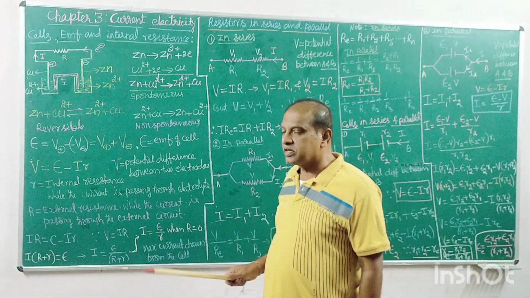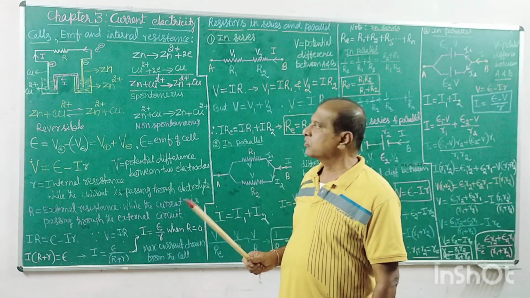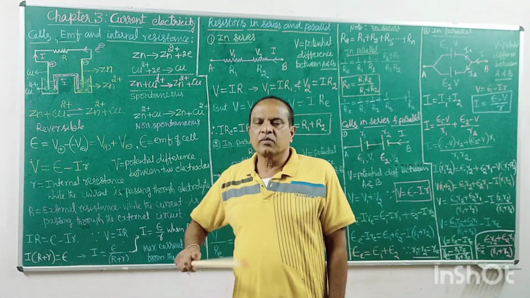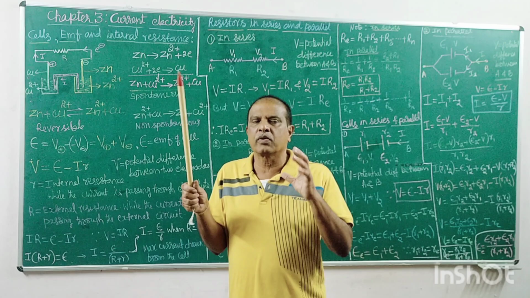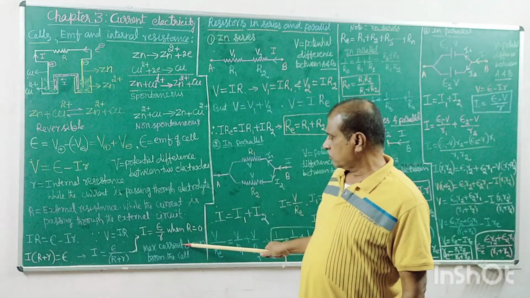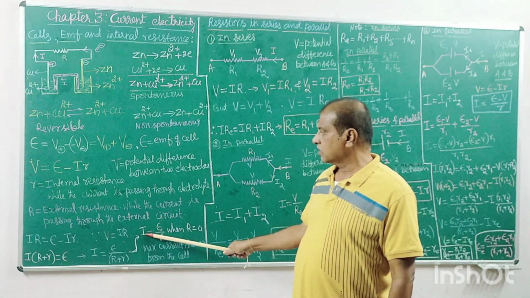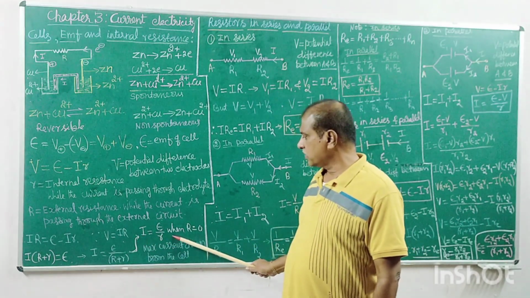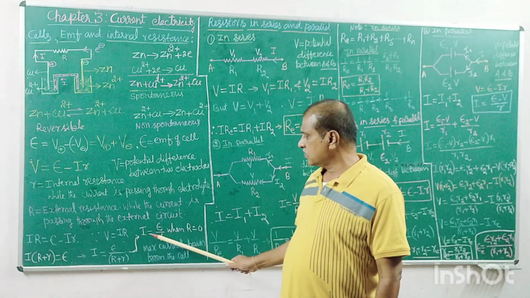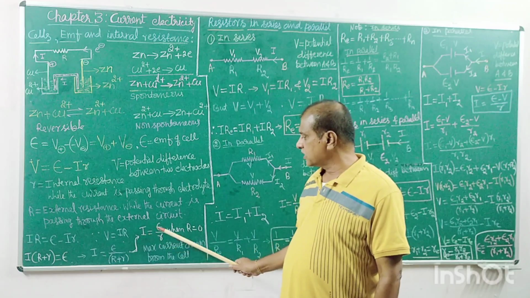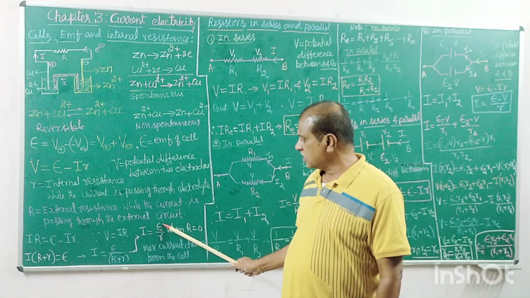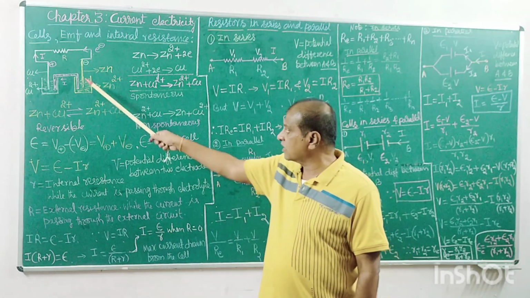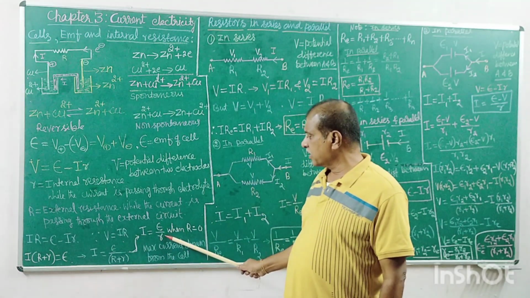When you design any battery, like a Daniel cell or acid accumulator or lithium ion battery, what is the maximum current we can get? That is the one that decides the battery power. That is why I solved this equation. So the maximum current is the ratio of the EMF the cell can have divided by the internal resistance.